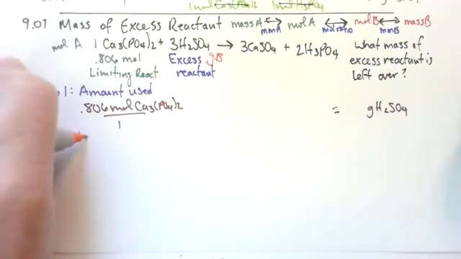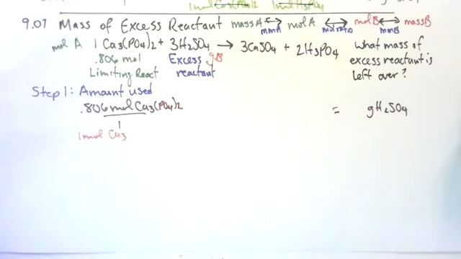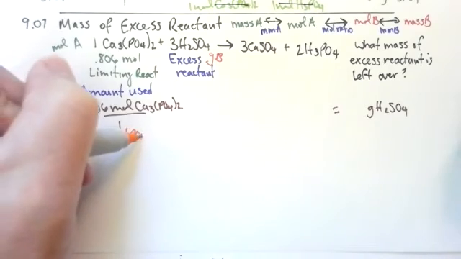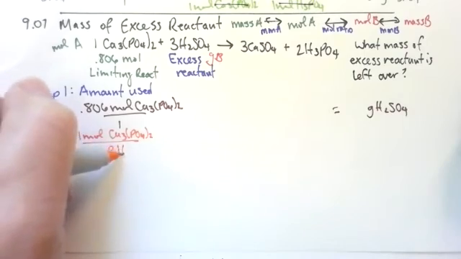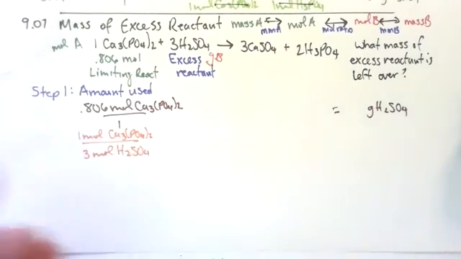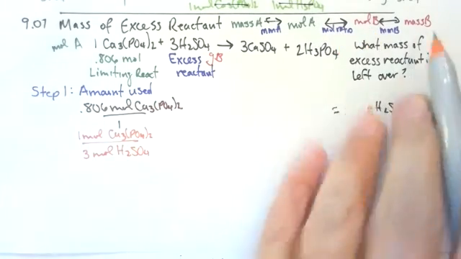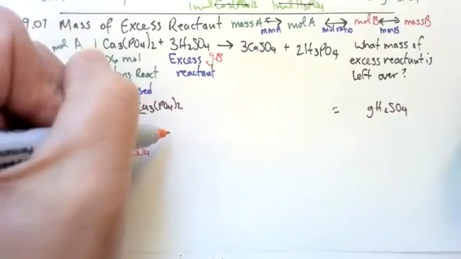So I have 1 mole Ca3(PO4)2 to 3 moles of sulfuric. And then I'm going to want to get from mole to mass, the molar mass of sulfuric.